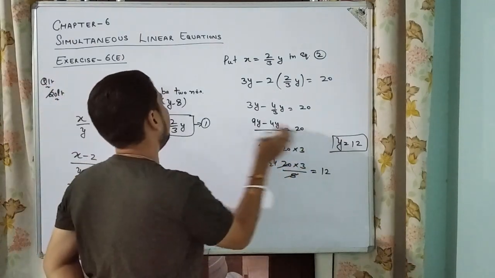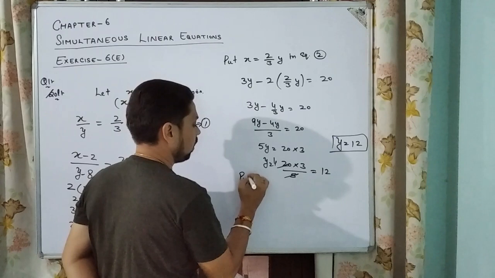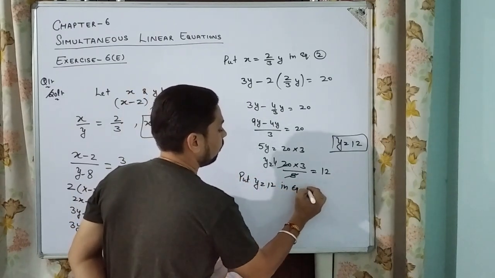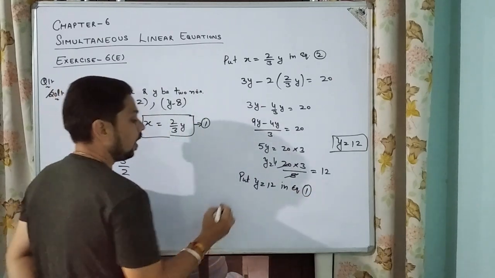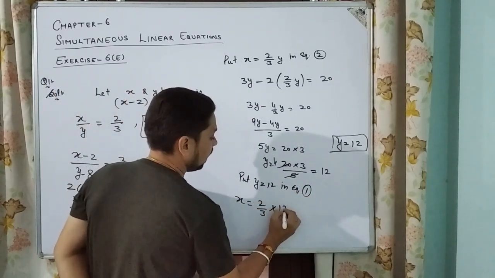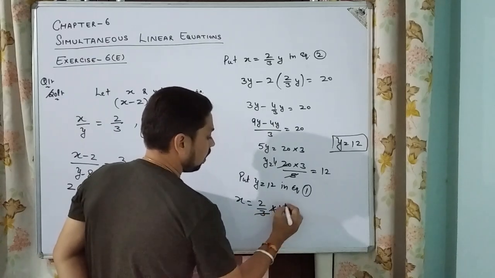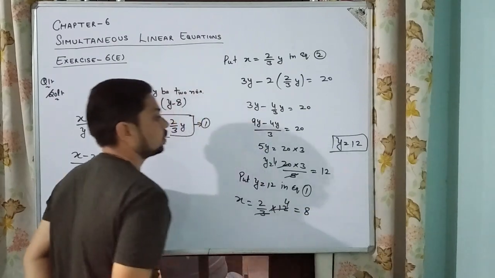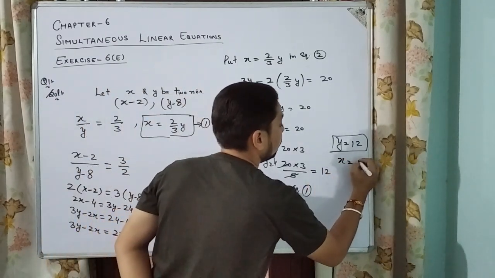Put the value of y in equation 1. Put y is equal to 12 in equation 1. So x will be equal to 2 by 3 multiplied by 12. On cancelling, we have 4 and 4 twos are 8. So x is equal to 8.